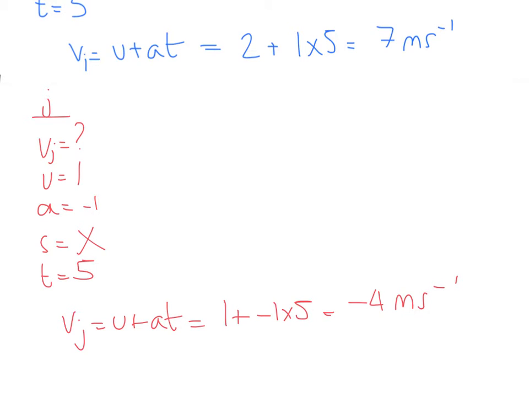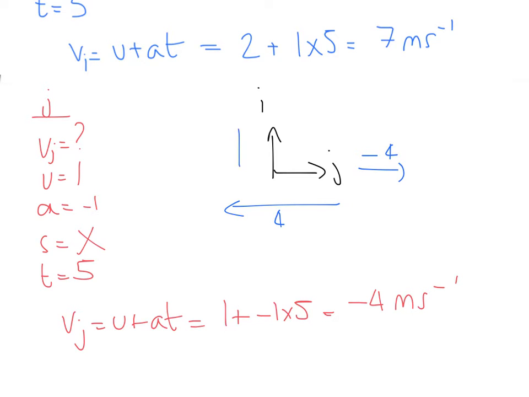So just a word about what that minus 4 means. If we define the i and the j directions like this, if it has minus 4 meters per second in the j direction, that means we've got a component that way in the j direction if it's minus 4. And this is plus 7, so it's 4 that way, or in the j direction it's minus 4.